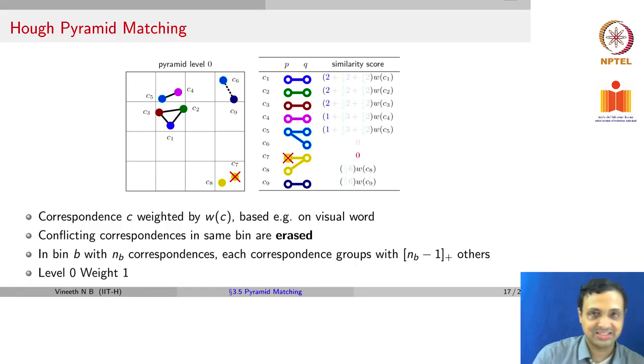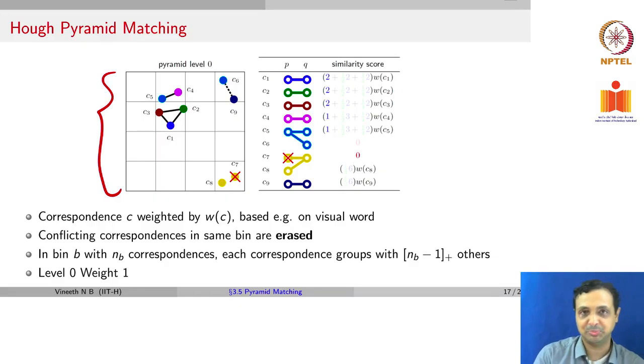Remember, this binning is in the transformation space, that 4D space of translation, scale and rotation. In each bin B with, say, NB correspondences, for example, this bin has 2 correspondences, this bin has 3 correspondences. So each correspondence groups with the others, and your weight at level 0 is going to be 1, very similar to how we did it for the pyramid match kernel.